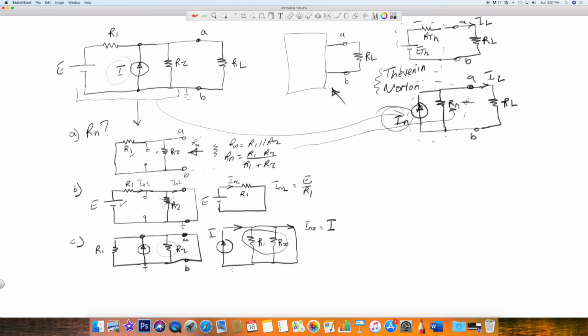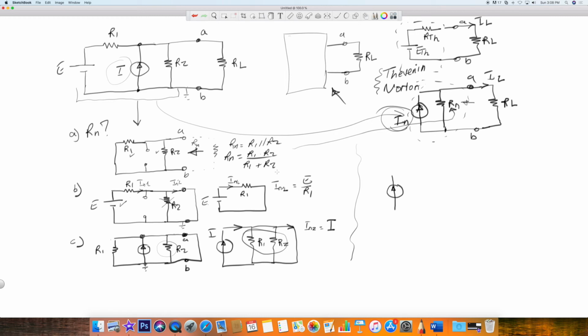Okay. But now, what is this IN? Now, for this IN, this is what makes it different than Thevenin, you're going to put it in the circuit, and you're going to figure out what IL is, right? So let's go ahead and do that. So what would be IN right here?